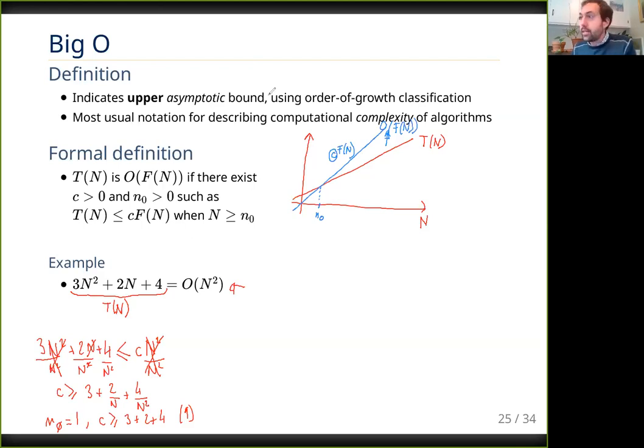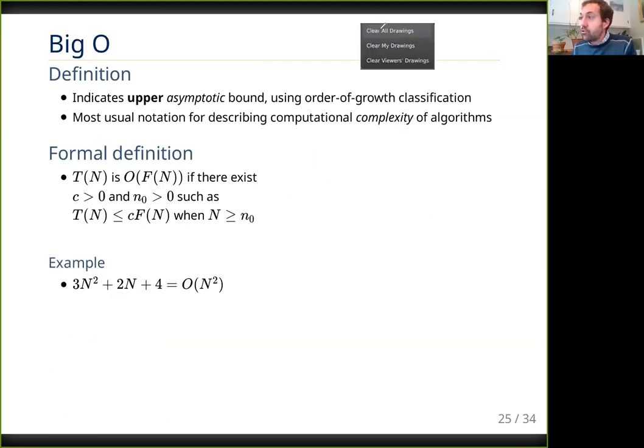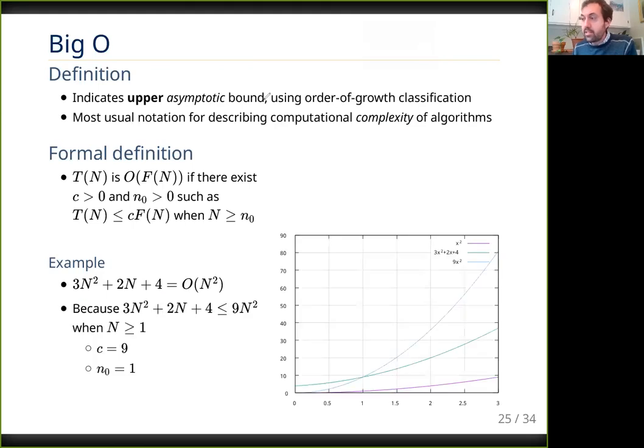And actually, I traced it in the remainder of this slide here, and we can observe that. So the green line here is our T of n. That's this line, which is what we had seen here.